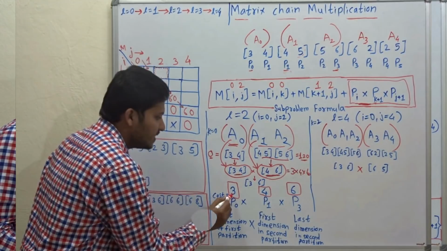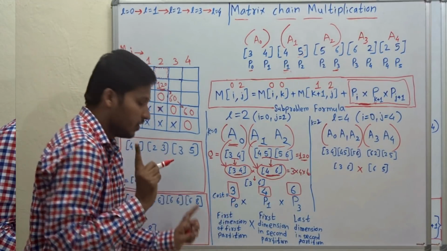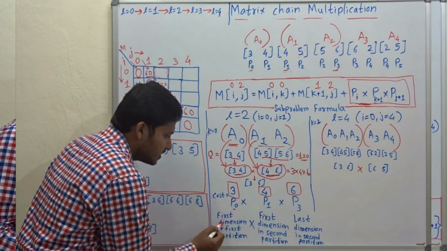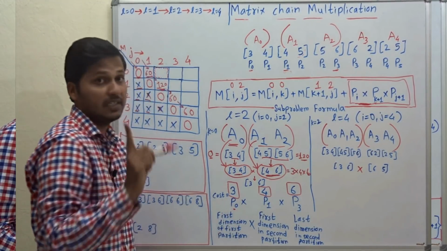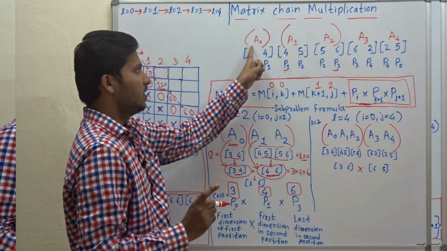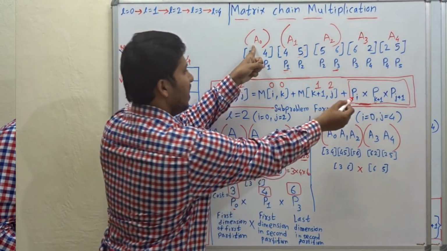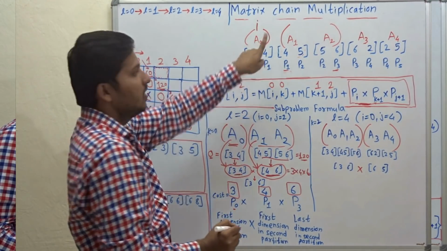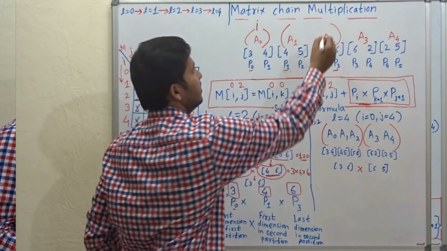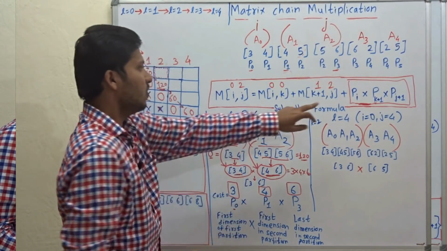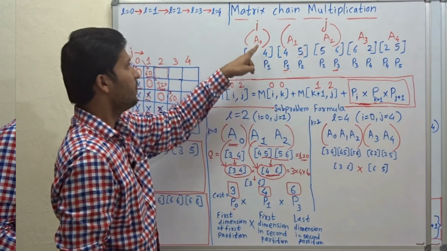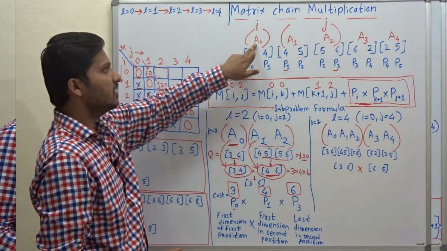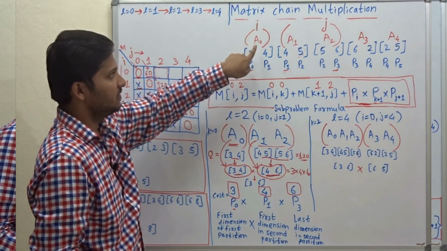So now, as 3 is P0, we can say that P0 is the first dimension of the first partition, because see, Pi and i is 0, and j is 2 here. As i is 0, that means that is the first matrix in the first partition.